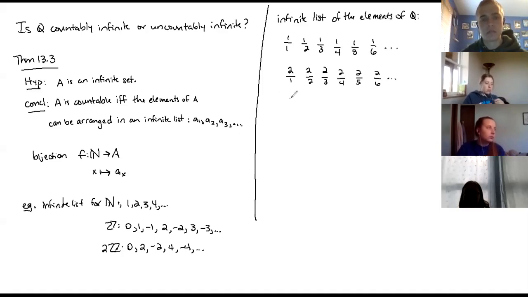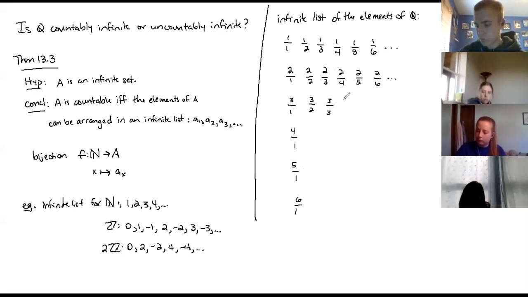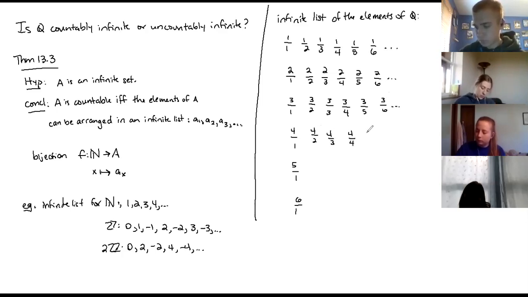So keep going. We're going to go down to 6. So we'll go 3/1, 4/1, 5/1, and 6/1. So keep going. Make your little handy dandy chart, and I'll fill this in too. This is way easier on a chalkboard.